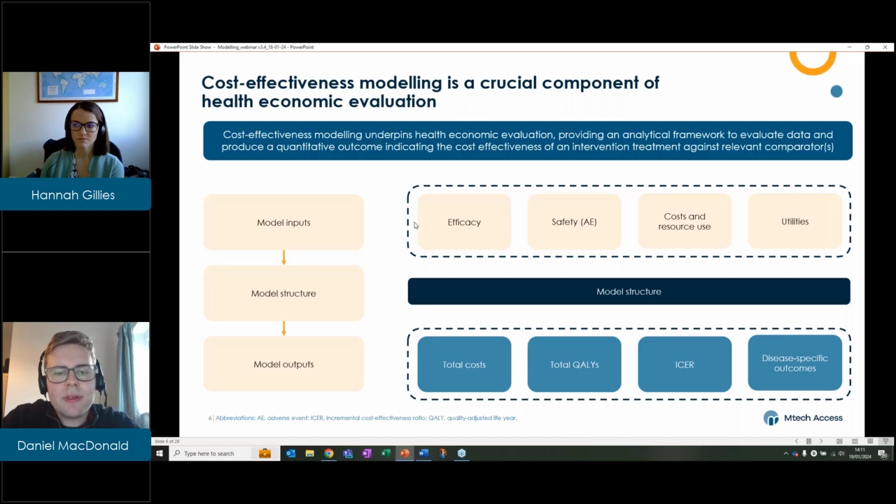The efficacy data is usually obtained from a clinical trial that the pharmaceutical company may have run. And then comparator data can either be collected via the clinical trial if it's a head-to-head clinical trial, or in some cases, if you're using a single-arm trial, it may have to be obtained through an indirect measurement.